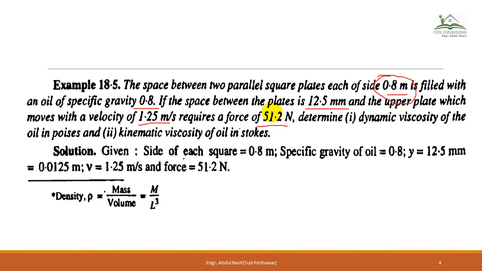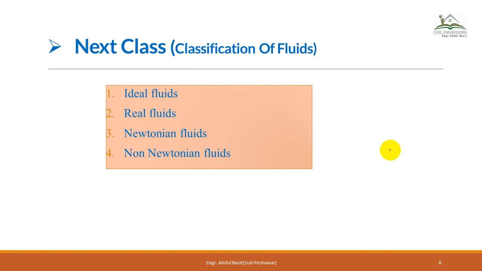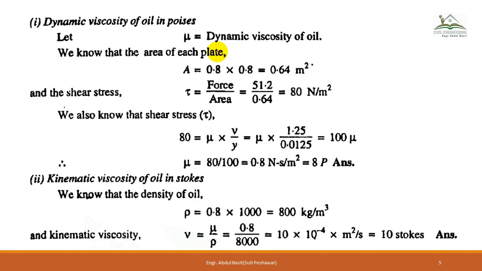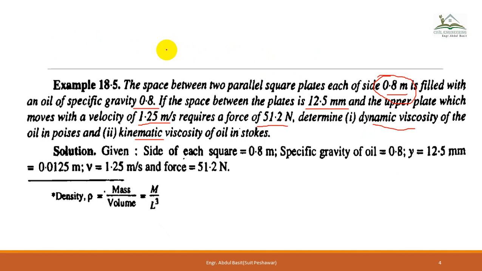So here all the data is given. Now you have to find out the dynamic viscosity as well as the kinematic viscosity. Absolute viscosity and dynamic viscosity actually refer to the same thing. First of all, how do we find the dynamic viscosity and kinematic viscosity?